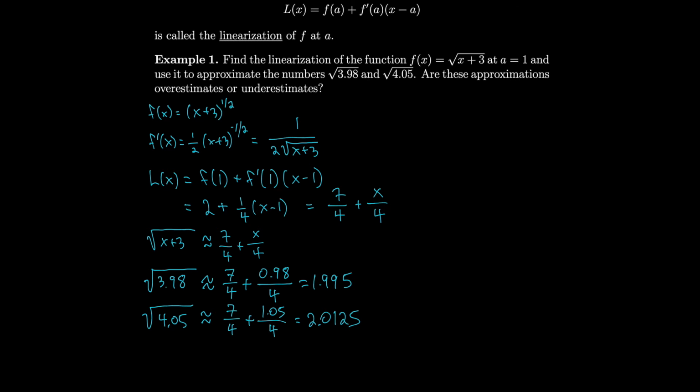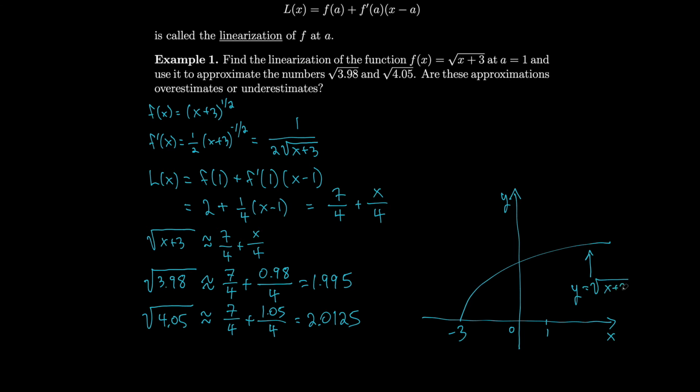If we were to graph this, so let's say here's minus 3 over there and put 1 over here. Actually, I'll draw the thing first and cheat. Okay, so then this is y equals square root of x plus 3.